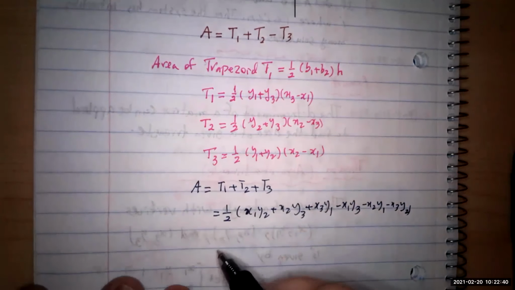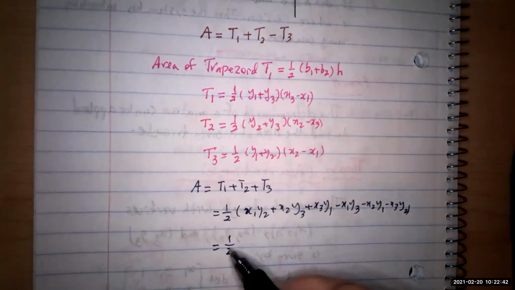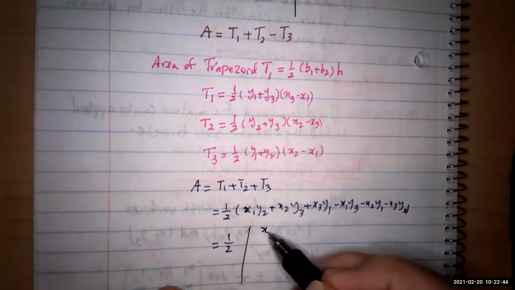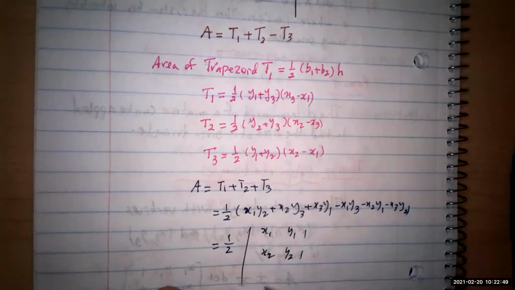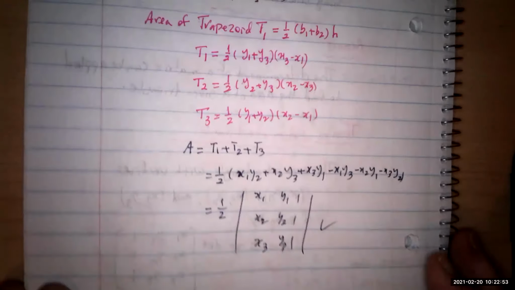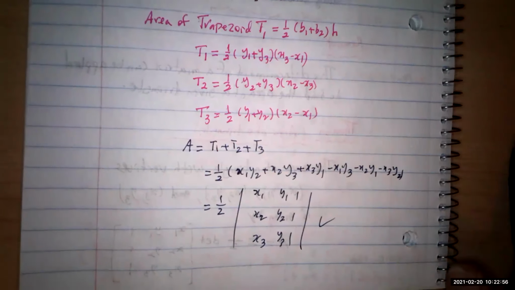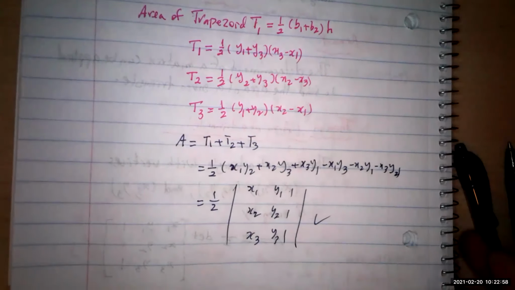Eventually, it's going to be the determinant that we talked about. It's 1/2 of the determinant of the matrix with rows x1, y1, 1; x2, y2, 1; x3, y3, 1, and you're done.